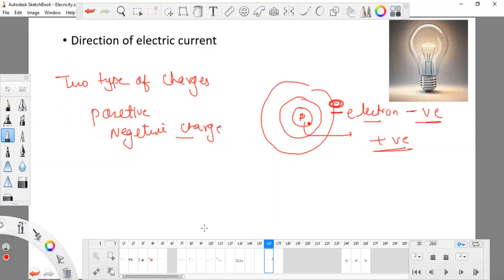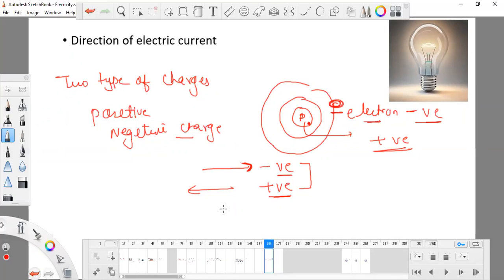So the direction: there are two types of charges, positive and negative. Just remember that if this is the direction of negative charge, then this is the direction of positive charge. If this is the direction of positive charge, then this will be the direction of negative charge.